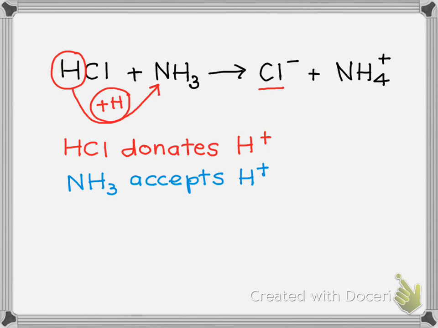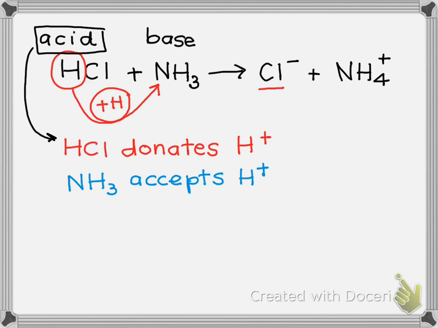So if we think about our definitions, in this reaction, HCl is acting like a Bronsted-Lowry acid because it is donating, and the ammonia is accepting or gaining it, and it's acting like a Bronsted-Lowry base.